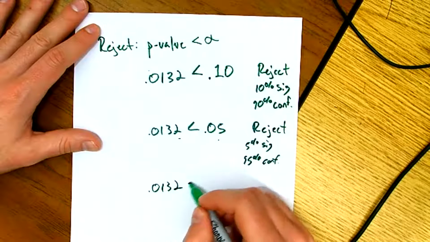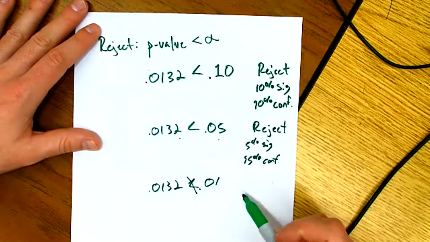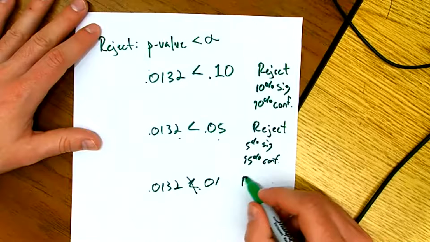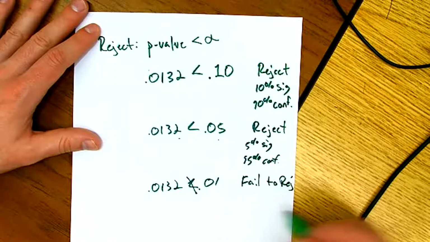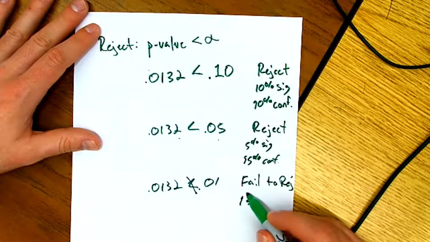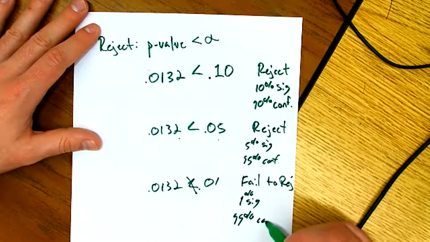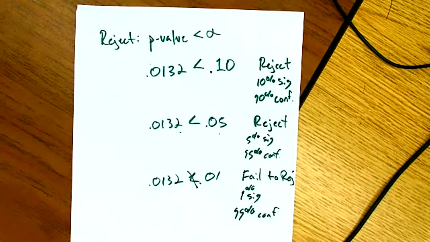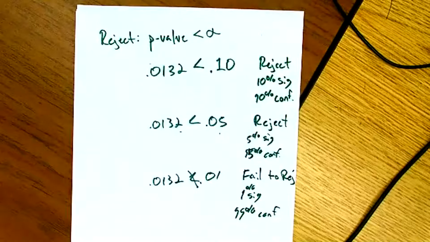Well, what about an alpha of 0.01? It's not less than 0.01, so here I fail to reject with 1% significance, or I fail to reject with 99% confidence. And sorry, this is a 5. This is a 9 down here.